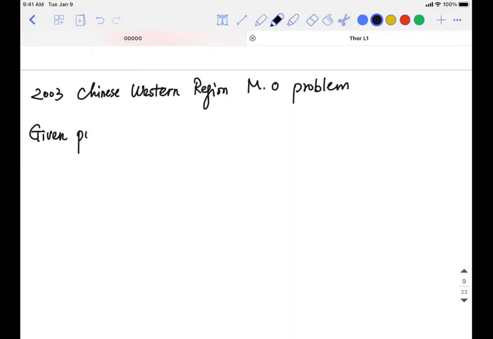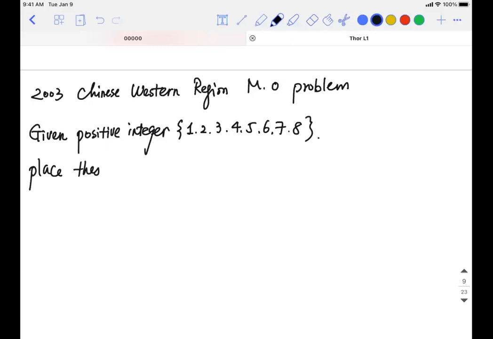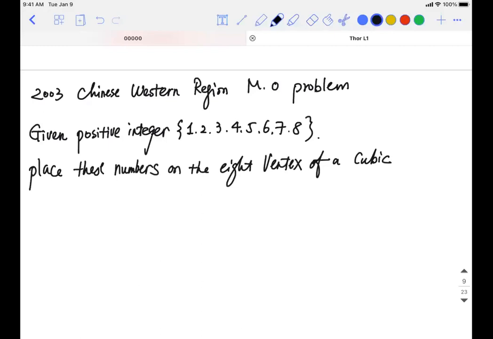Given positive integers 1, 2, 3, 4, 5, 6, 7, 8. Place these numbers on the 8 vertices of a cube. A cube has 8 different vertices, right?